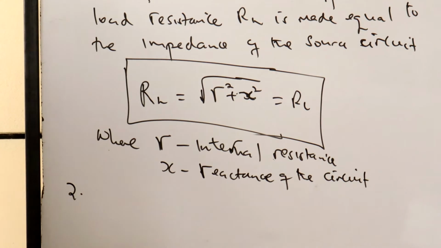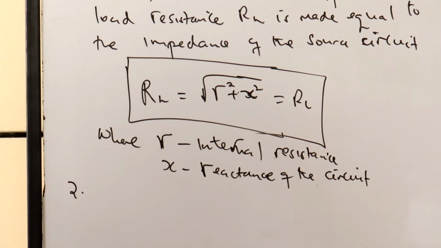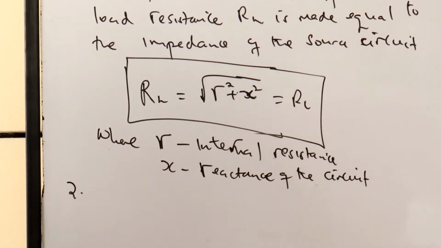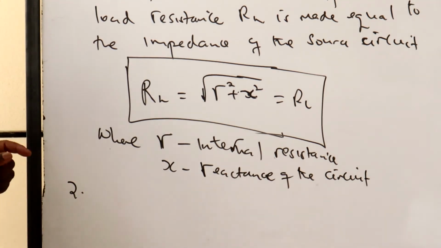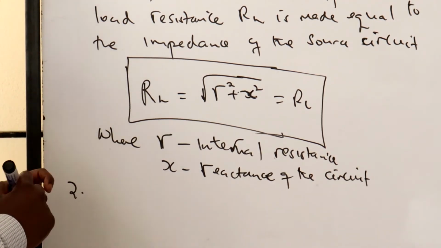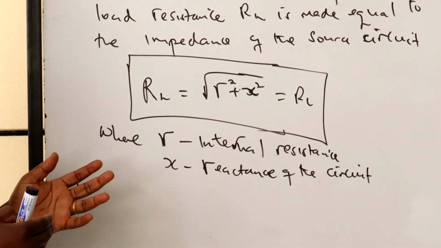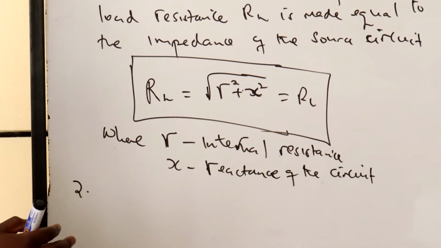And number 2, the condition number 2 is that we are assuming that the load is variable and also the internal resistance is variable.